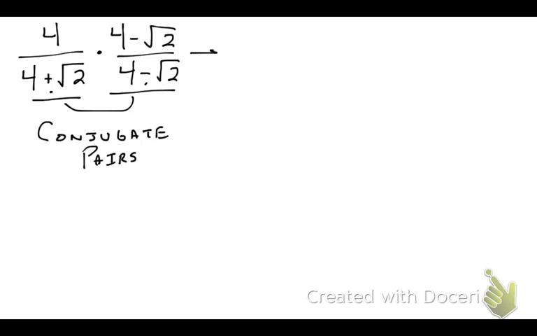The numerator, since we're just distributing, would be 16 minus 4 root 2, because it's just 4 times 4 minus root 2, and I just distributed. The denominator, since that's difference of squares, would be 4 squared minus root 2 squared.